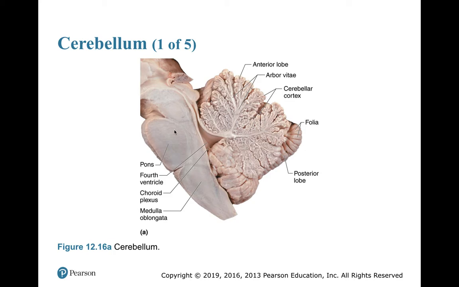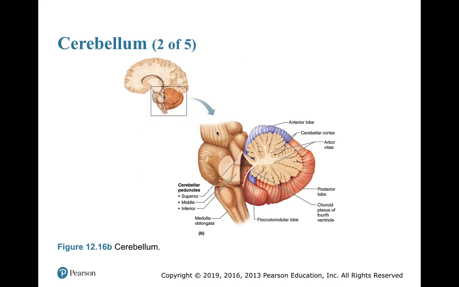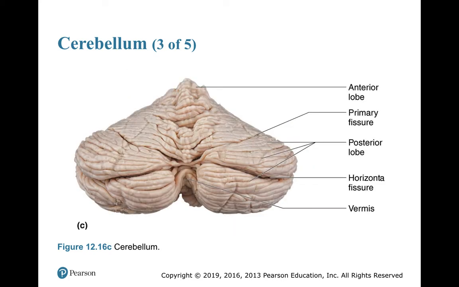It is behind the pons, medulla, and separated by choroid plexus. So here it is in anatomical position, and then another closer look. And this is if you take it out and lay it flat.